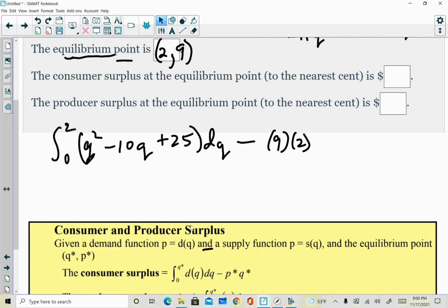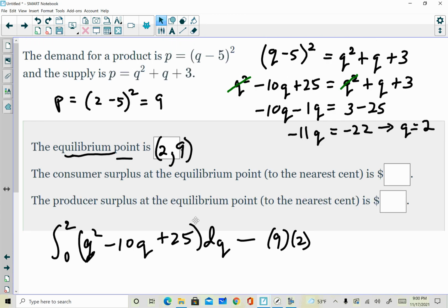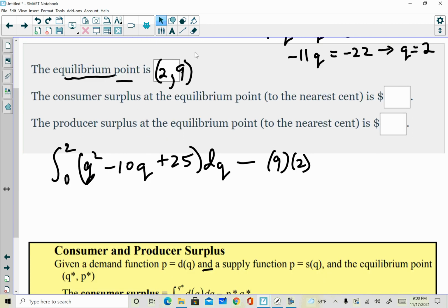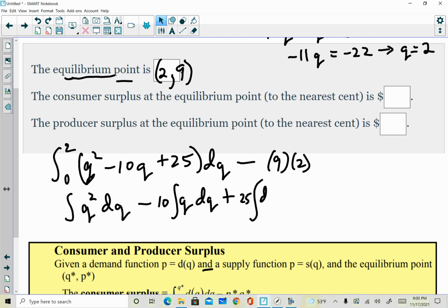Q squared minus 10Q plus 25, that's what you get when you multiply Q minus 5 by itself. Distribute the integral symbol. The integral of the first term, that's Q squared dq, minus the integral of 10Q dq, plus the integral of 25 dq. And all of this will be minus 9 times 2.